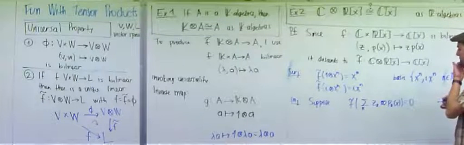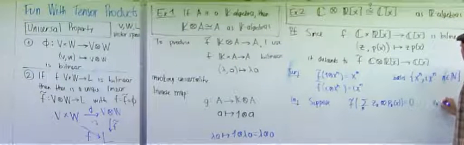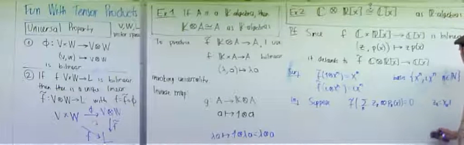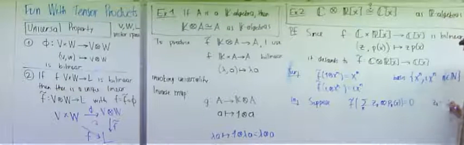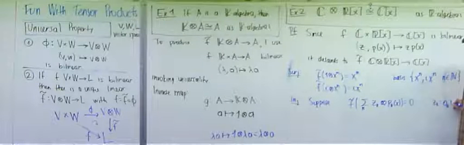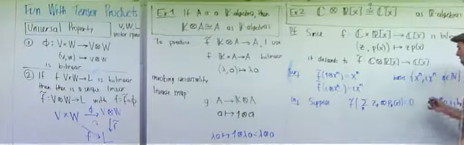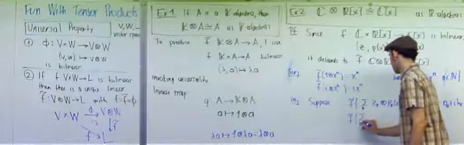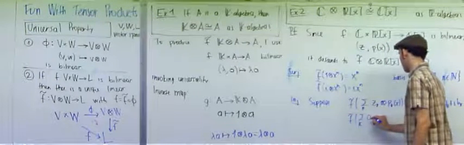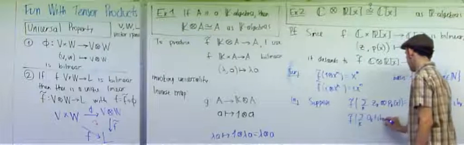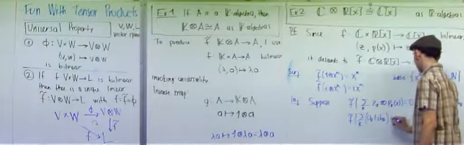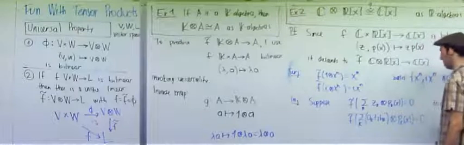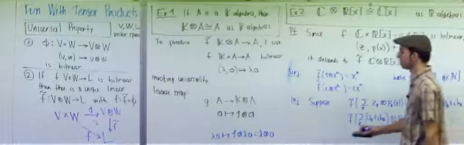Now, let me write each complex number zk as xk plus, actually let me not use x because I'm already using x for something else, so I'll call it ak plus ibk. And then what I have here is that f bar of ak plus ibk tensor pk of x is equal to 0. Okay?